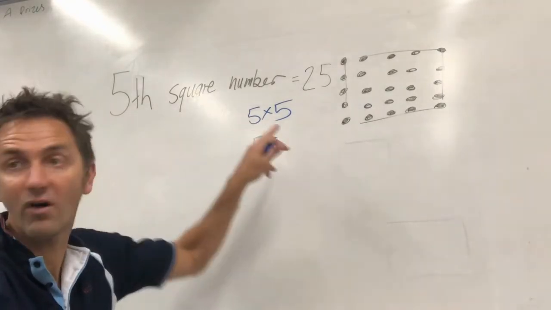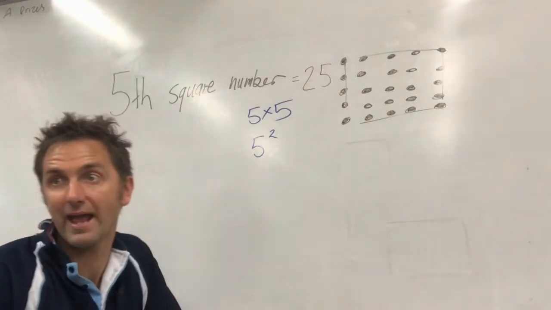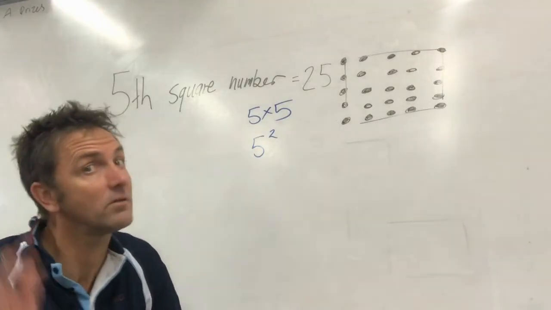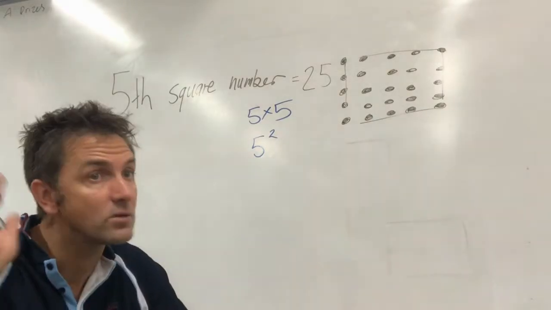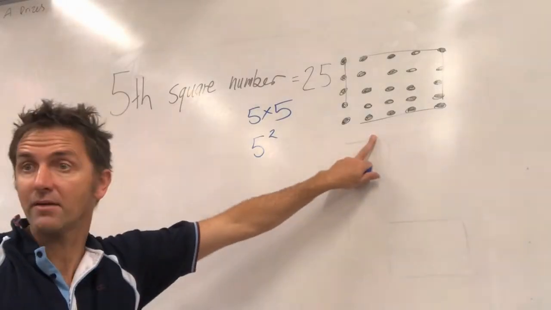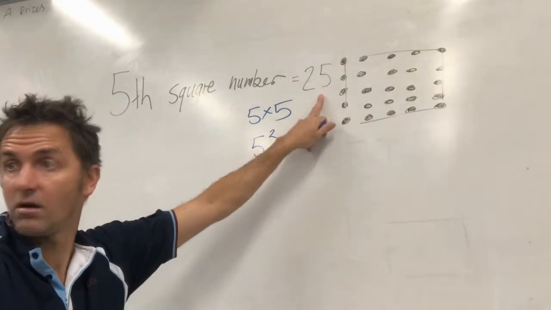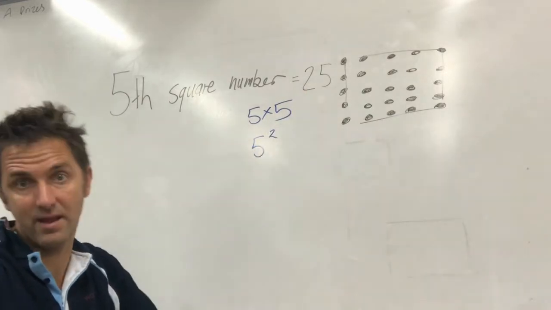So it's the same as saying 5 times 5 or 5 squared. What's 5 squared? It equals 25.